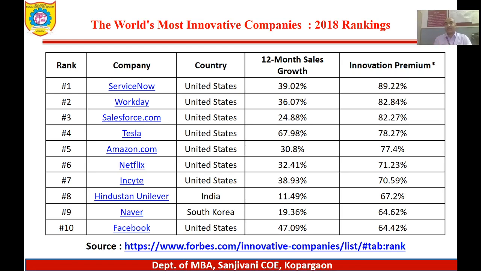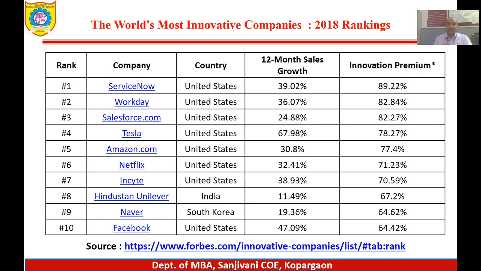And if you see the innovation premium, it ranges from 89.22% to ServiceNow, 82.84% to Workday, 82.27% to Salesforce.com, 78.27% to Tesla. The innovation premium means the portion of amount that the organizations are spending on innovation, and that's why they stood at the top among the most innovative companies in the world.